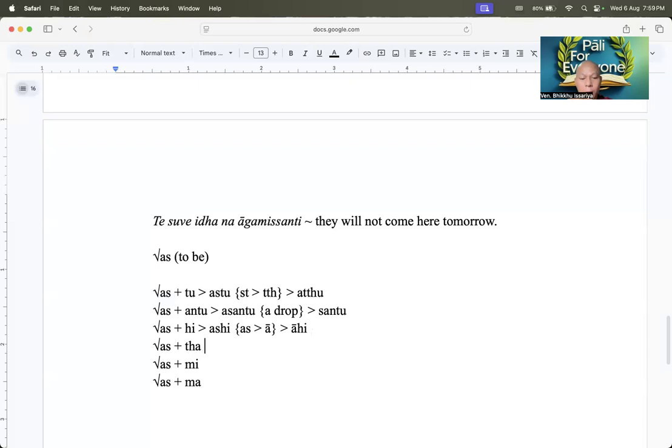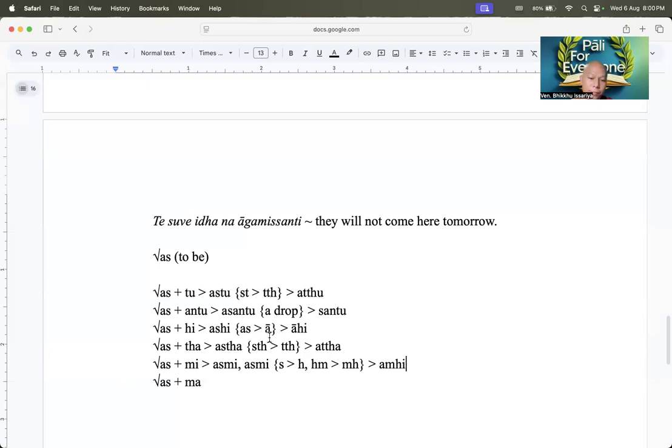And then for ta, sa ta changes to the da ta. So that is why at ta. And then ru as and the me, ask me. This form also we use. And then from the ask me, by changing sa to the ha, and then ha and ma change to their position ma ha. So we have another form and me also.